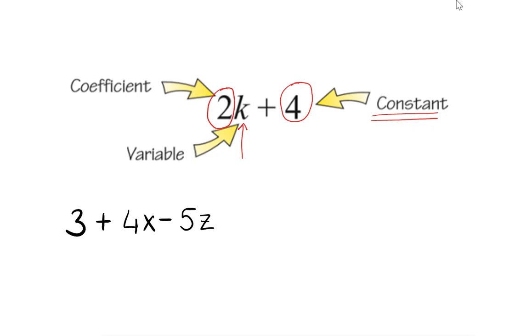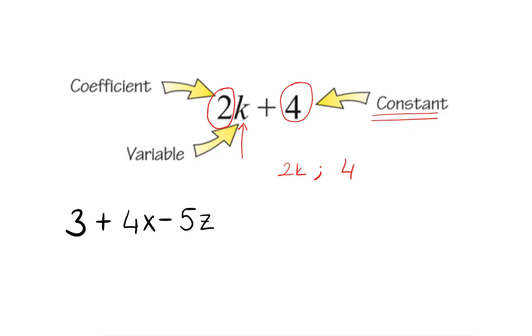Let's talk about term. A term is a group of numbers and variables. One or more terms added together make an expression. For example, in this expression, 2k is one term and 4 is another term.